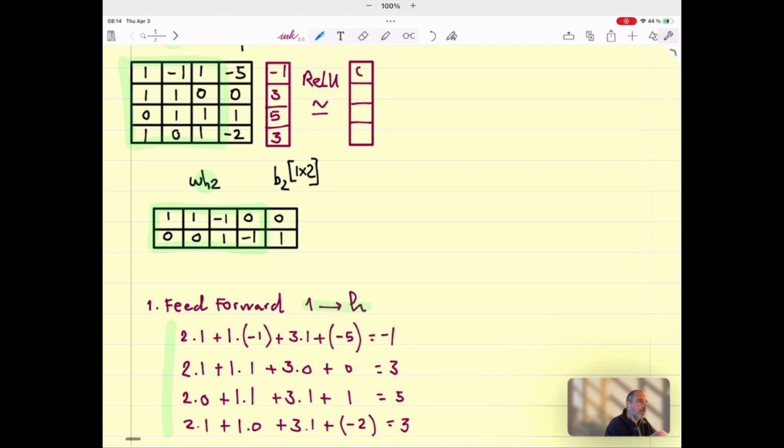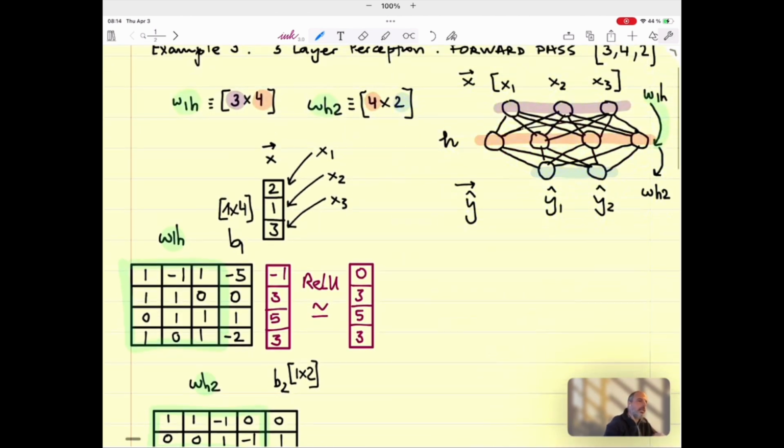Whatever is negative becomes 0, whatever is positive stays. So this is the output that we expect from H. If we got here, we get that. All right?